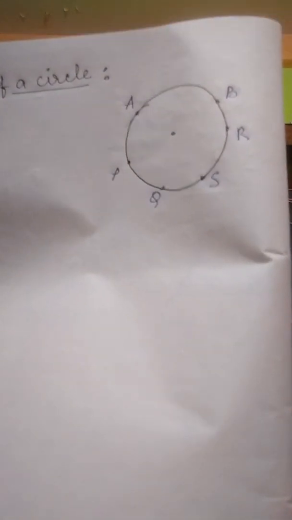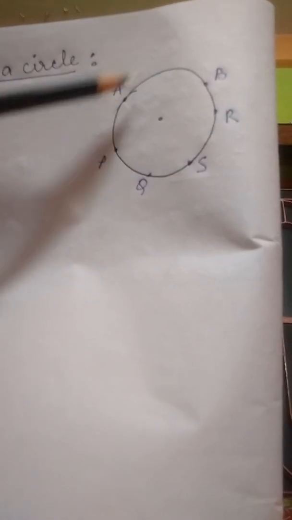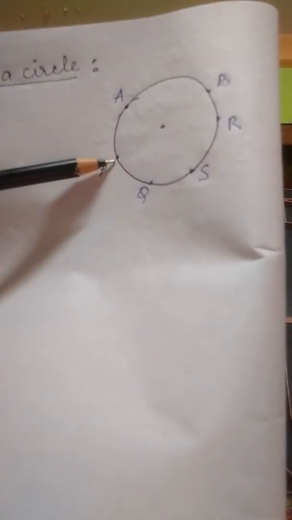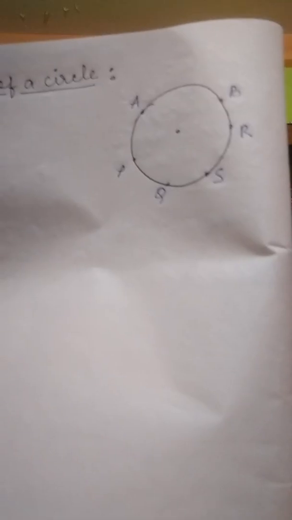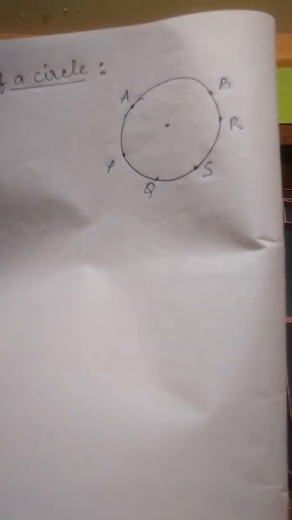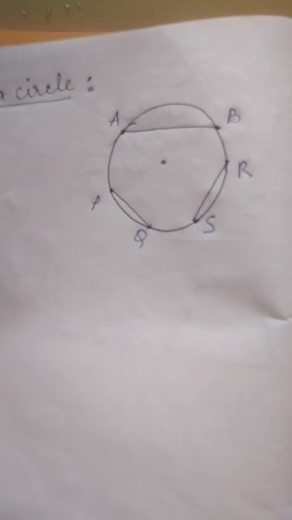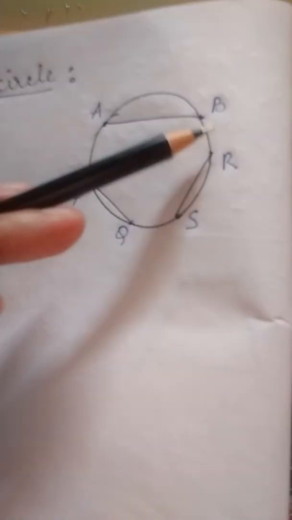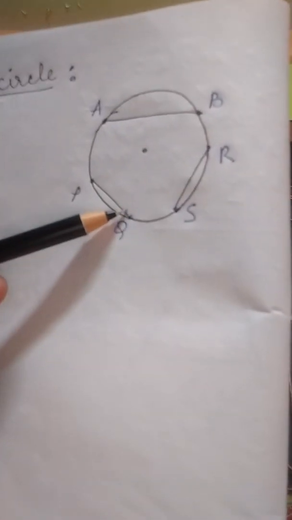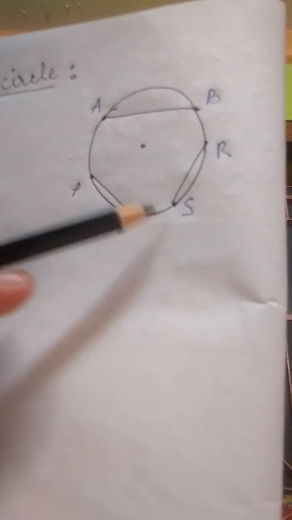Now you can see I have drawn different points here: point A, point B, point P, point Q, point R, and point S. Clear? And now see what I have done. I have joined these points. AB is one line segment, PQ is another line segment, and RS is another line segment.